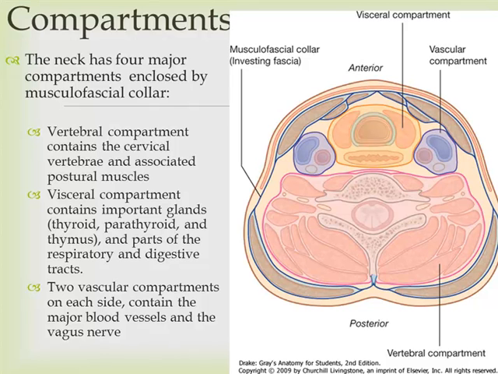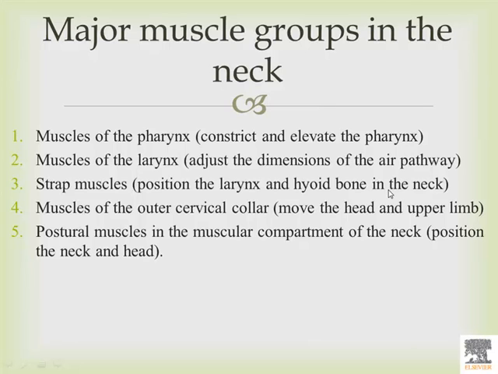Yes, one on the right, the other on the left. The last compartment we're going to see in the neck, more anteriorly, is the visceral compartment. It will have the trachea and the esophagus, and you can see some lobes of the thyroid gland on the side. So these are the compartments that you can see in a cross section through the neck region.